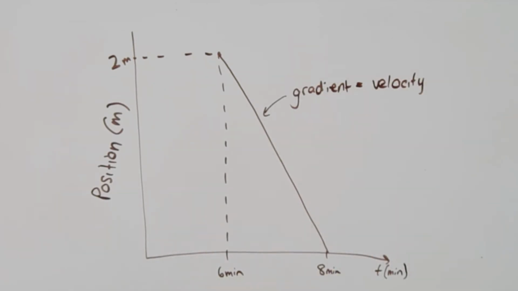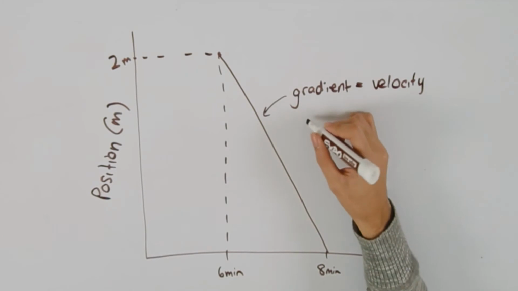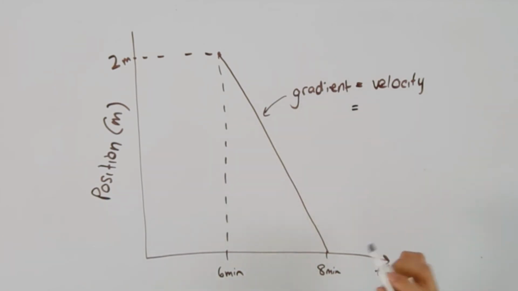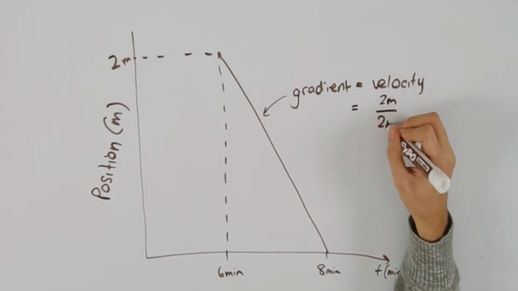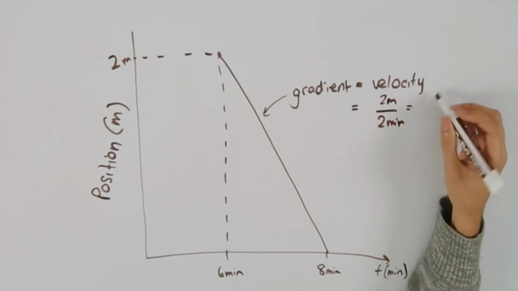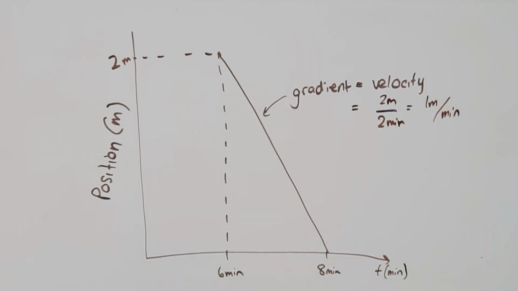If you work out the gradient, it's equal to 2 divided by 2. The gradient is rise over run, so we have 2 meters divided by 2 minutes, in other words, 1 meter per minute. That's our velocity.